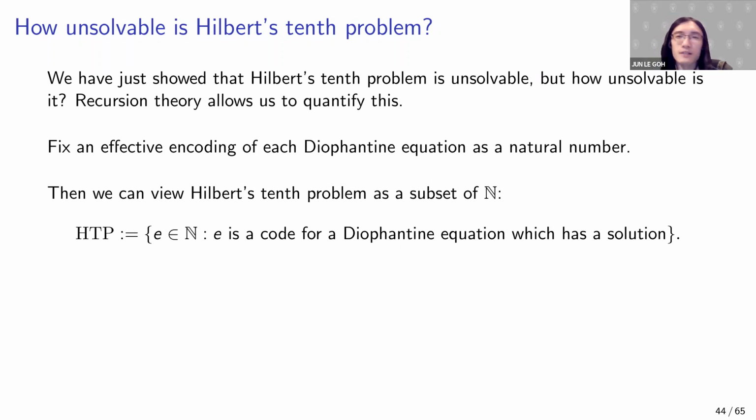One way to do this is to think of each Diophantine equation as a finite sequence of numbers, maybe encoding the coefficients of each term, the degree of each term, and the variables that make up each term. Essentially, it's a finite sequence of numbers, and we know how to encode finite sequences of numbers as a single number.